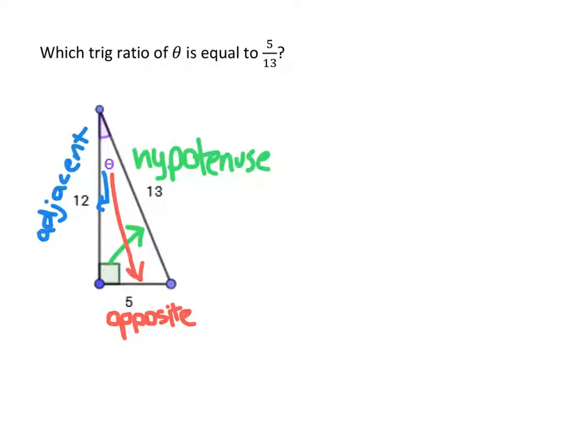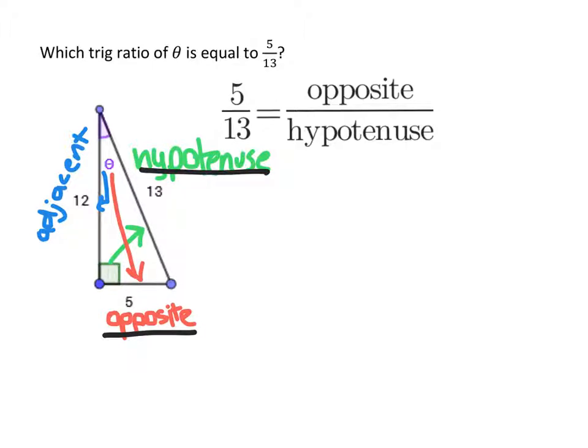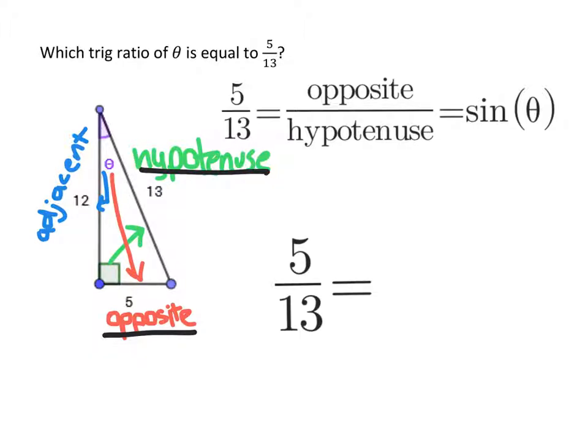Based on our labeling, we know that 5 over 13 is the same as opposite over hypotenuse. And from our last objective, we know that the opposite over the hypotenuse is equal to sine of our reference angle, which in this example is theta. Therefore, 5 over 13 is equal to sine of theta.